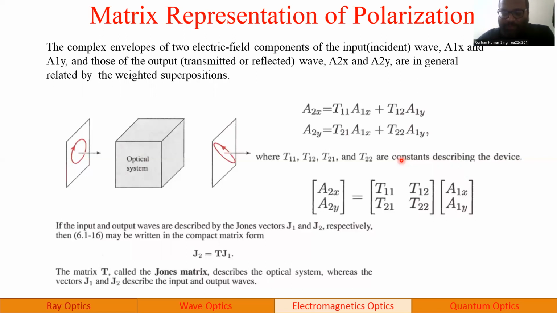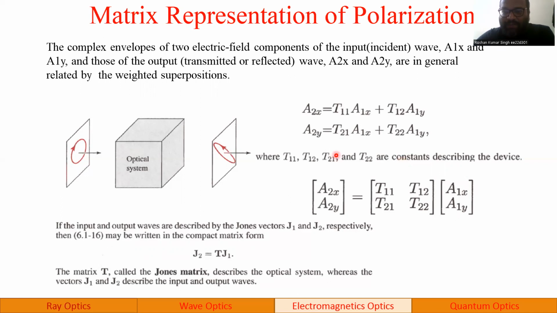As you remember, in ray optics, when we have to find the position and the angle of the ray in a medium, we use the transfer matrix. In a similar way, if a wave travels through any optical medium that changes the polarization, how do we get the output polarization?